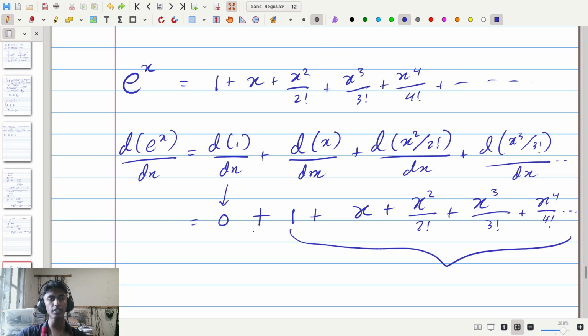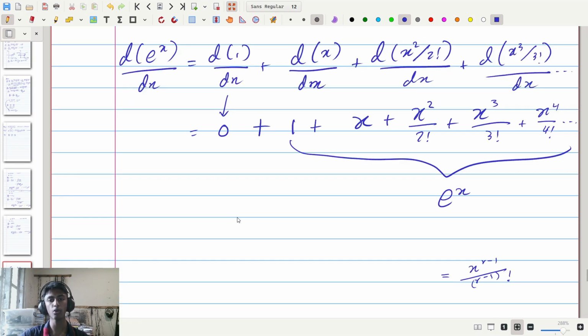So therefore this infinite sum down here is also e to the power of x. Therefore we can see that the derivative of e to the power of x with respect to x is equal to itself, e to the power of x.